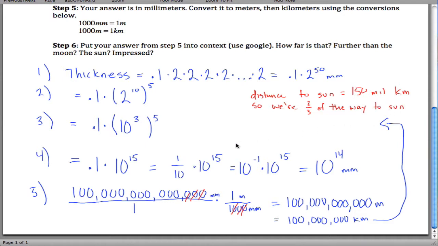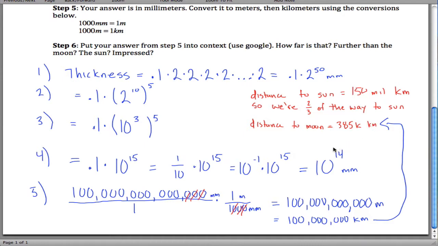And for the moon, the distance is approximately 385,000 kilometers.